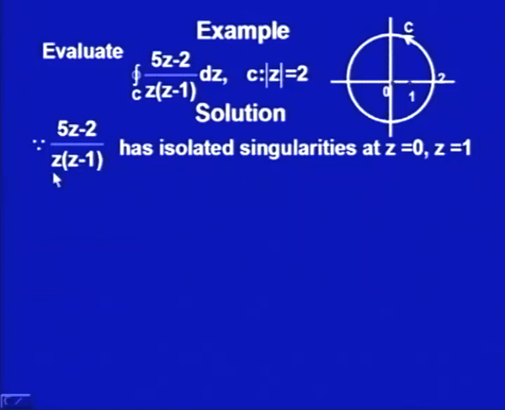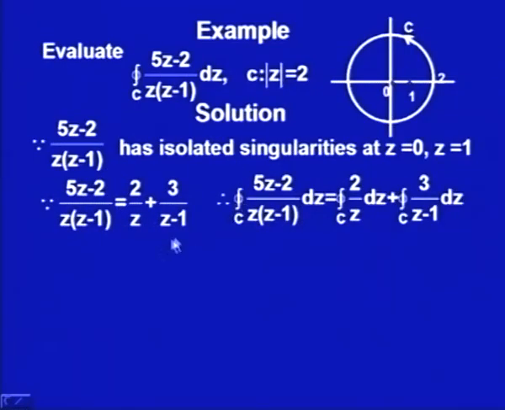Since we had already identified that 0 and 1 are simple poles, and this function is of the form P(z) upon Q(z), we can use the method of finding the residue at a simple pole.